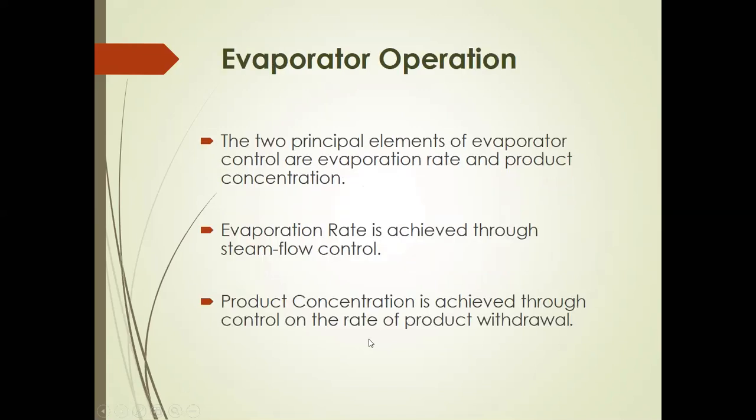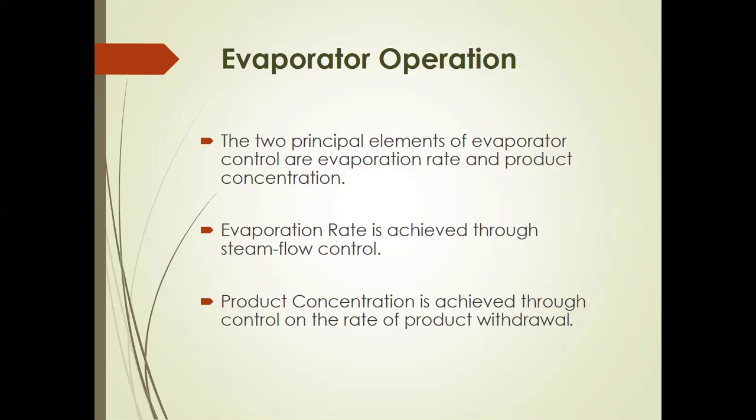Now, in the manner we operate our evaporator, there are two principal elements. Normally, we ask for the evaporation rate and the rate of product removal, or in terms of quality, its concentration.